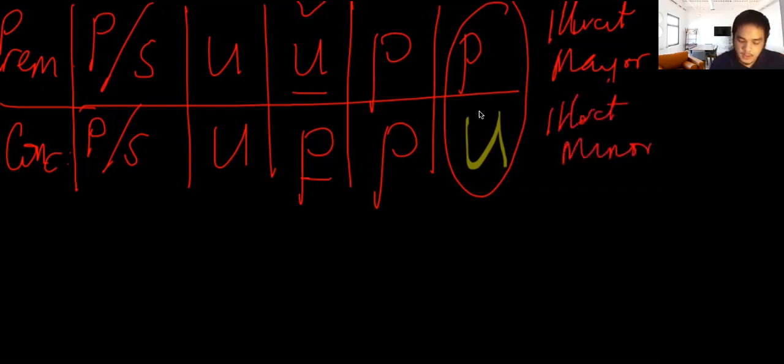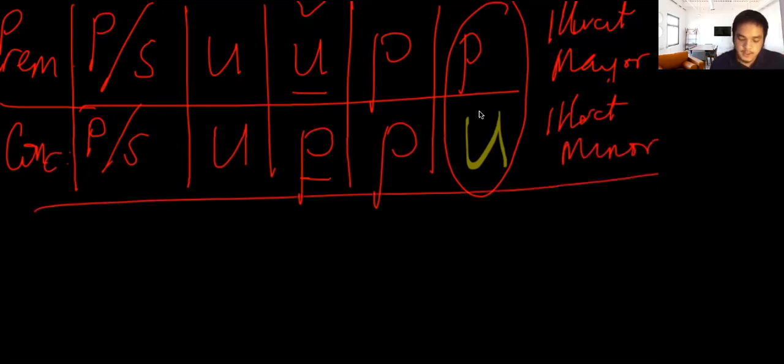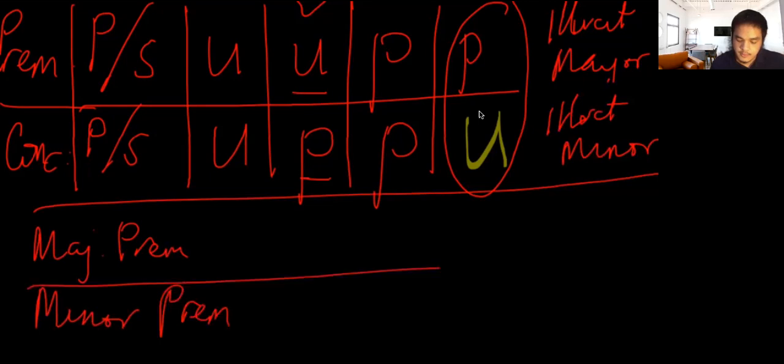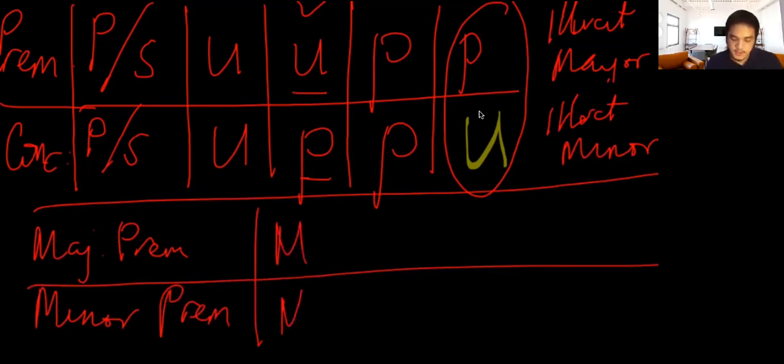What about the middle term? The middle term appears in the major premise and in the minor premise. So this is for M, the middle term.